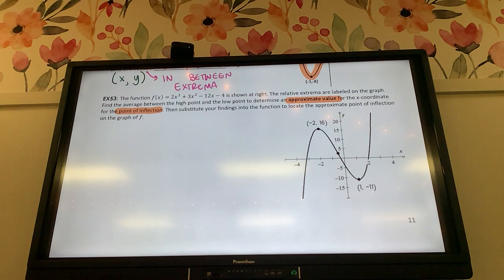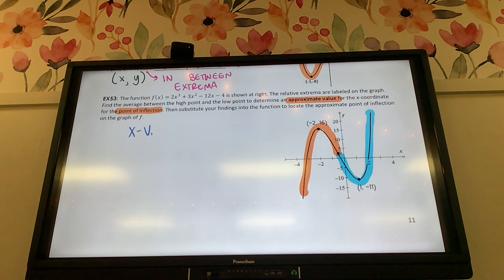All right, so this is just to reiterate that the max and the mins are not points of inflection. Your point of inflection will be somewhere halfway in between your max and min values. So on this one, we are estimating, we are approximating it. This is not the way that you can find the point of inflection. It's a way that you can get a pretty good approximation, all right?